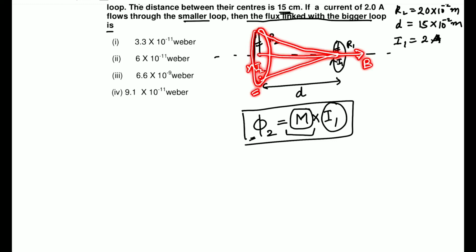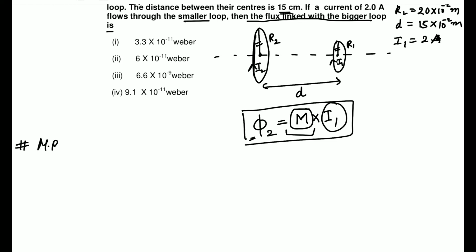So I will find out the value of that, and we all know we have a simple formula for that. So I'll just write it here. Magnetic field due to current loop 2, that is your second one, the bigger loop, at the axial point.